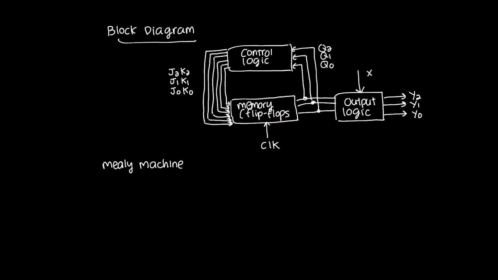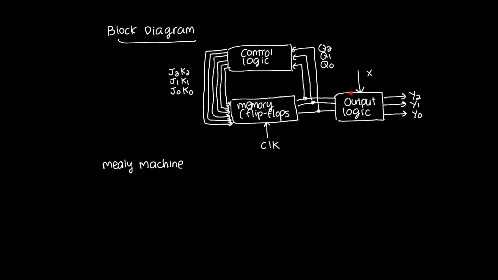My present state, the Q outputs of my flip-flops in a fully synchronous state machine, will change only at the edge of the clock. Therefore, whatever output logic I have, even though this is completely combinational, there's no clock input to my output logic. It is fully combinational, but the effect of it being dependent on my present state, which is synchronous, means that my outputs will also be synchronous.